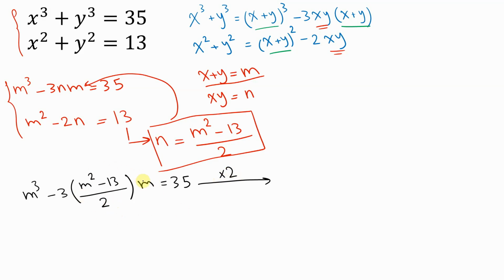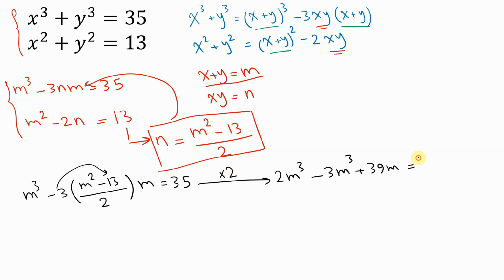So here we have 2m cubed minus 3 times m squared times m, which is minus 3 m cubed, and the other minus 3 times minus 13, which is plus 39 times m, equals 35 times 2.